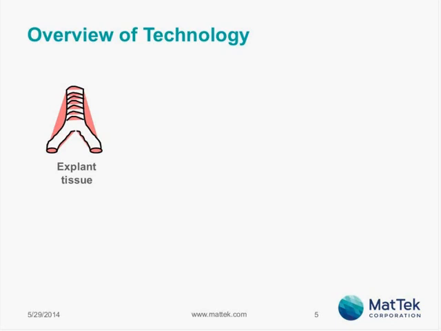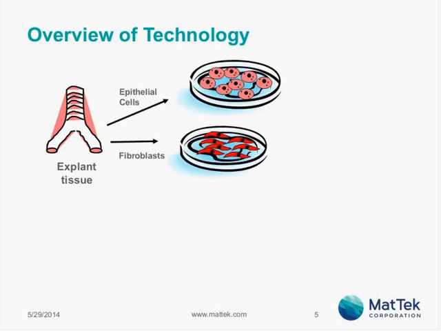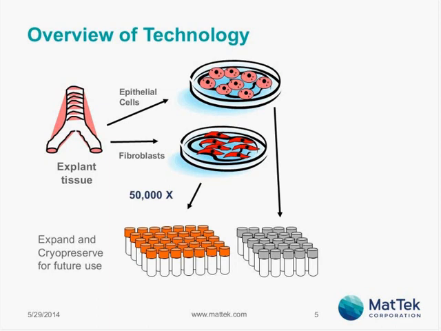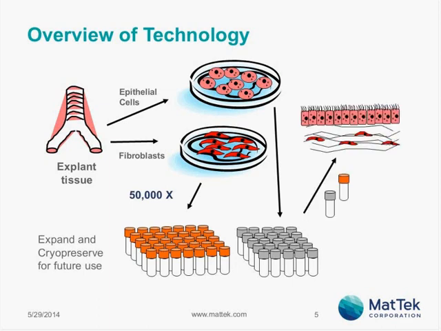So beginning with human explant tissue, we isolate a variety of cell types, and these could include epithelial cells, fibroblasts, and other cell types as well, such as smooth muscle, endothelial cells. We expand these cells in monolayer culture to produce a large pool of cells, which we then cryopreserve, so we maintain a very large pool of cells. And then as need be, we recover the cells from cryopreservation and utilize them to reproduce the organotypic cultures.